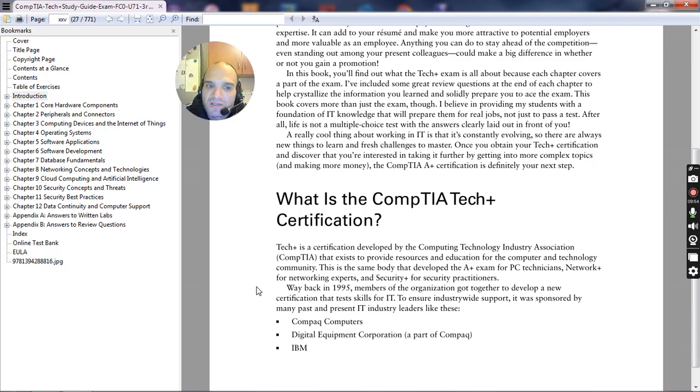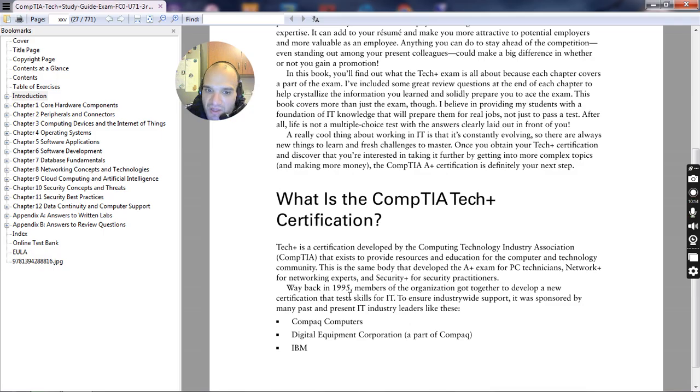Let's see a few things about CompTIA history. Way back in the day, in 1995, members of the organization got together to develop a new certification.